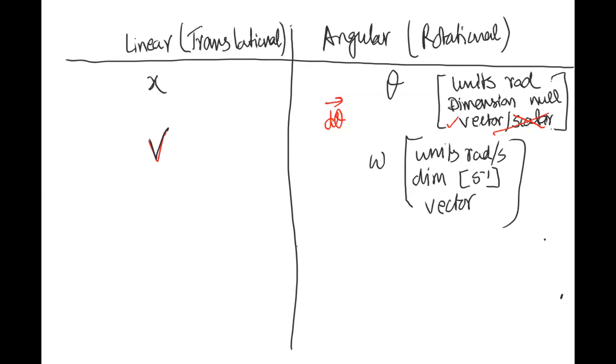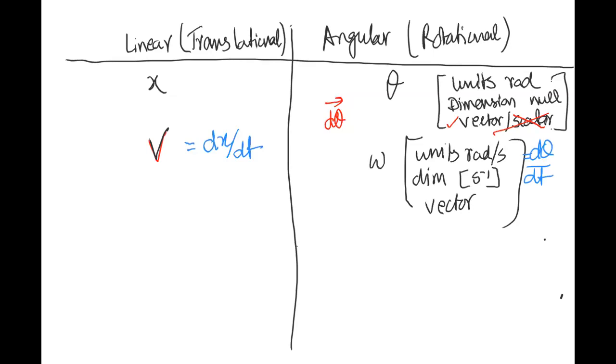So if the definition of v is dx by dt, then the definition of omega must be d theta by dt, and we know that d theta is definitely a vector quantity, and therefore omega must be a vector quantity, right?